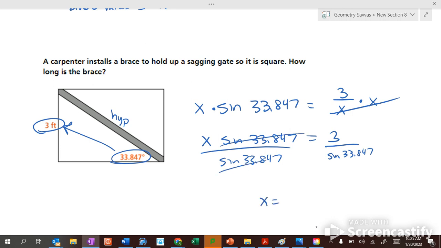So what does x equal? 3 divided by the sine of 33.847. 5.3862 feet long.